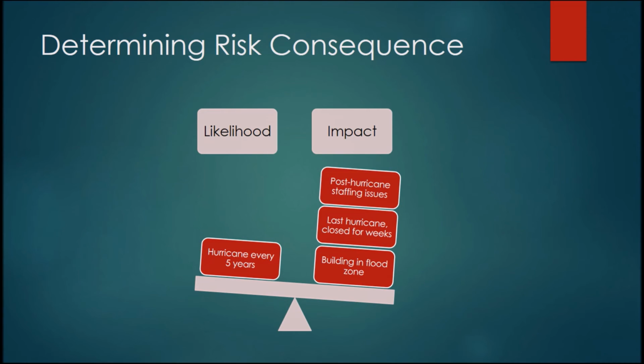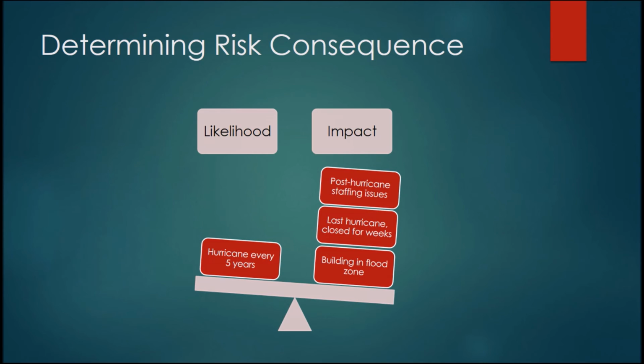Let's look at an example of a hospital planning for environmental threats, such as a hurricane, as part of their risk management program. They would need to consider the likelihood and impact to the hospital based on previous incidents. In this example, the analysis concluded that on average a hurricane hits the area once every 5 years. However, the impact to the hospital is significant.